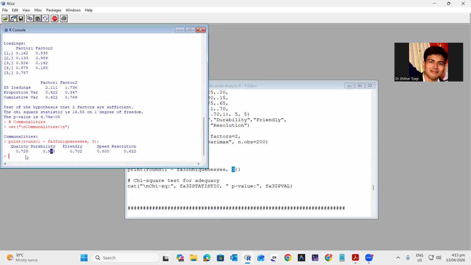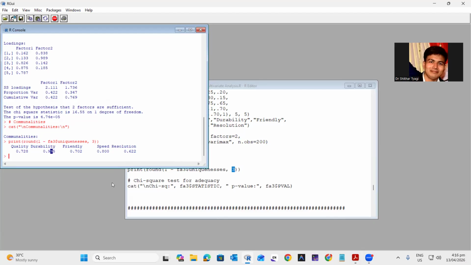Now the communality for quality is 0.728, for durability it is 0.995, for friendly it is 0.702, for speed it is 0.8, and for resolution it is 0.622. The communality means the proportion of the variable's variance explained by the common factor.